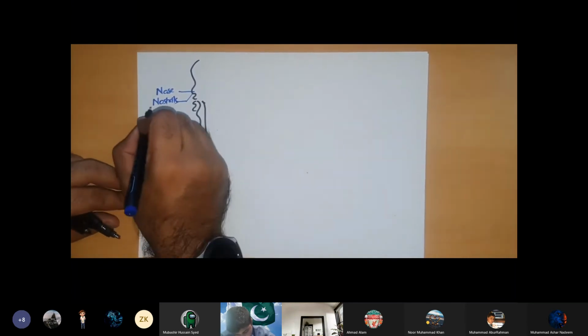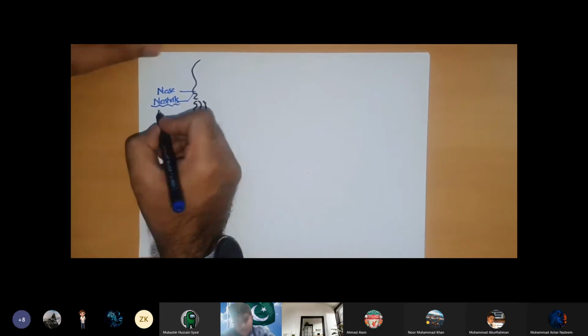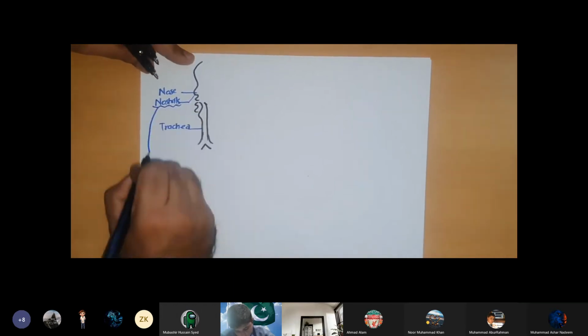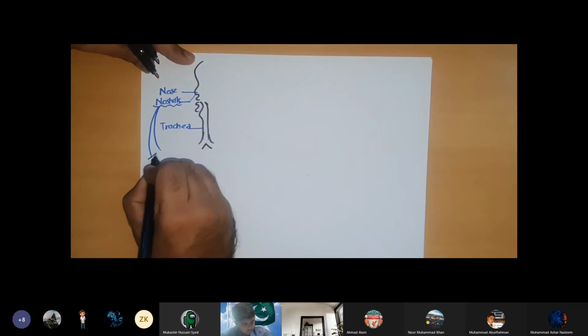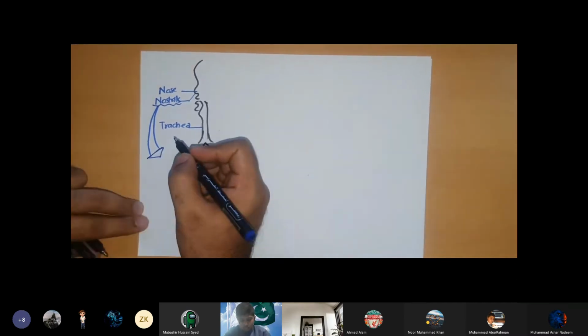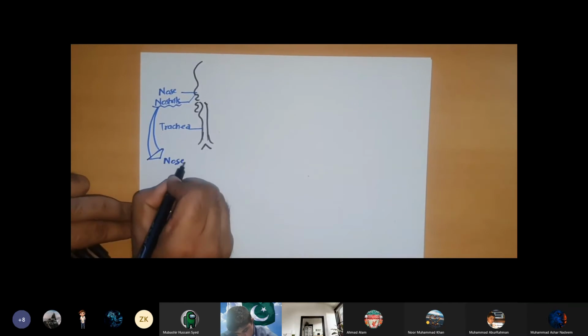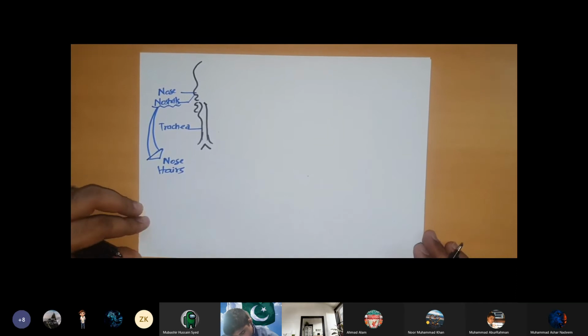Now, an interesting fact is that in the nostrils we have nose hairs. Let me mention that over here, because I will use the other space for the other purpose. In the nostrils we have nose hairs. Now, these nose hairs are the primary barrier for dust and germs.